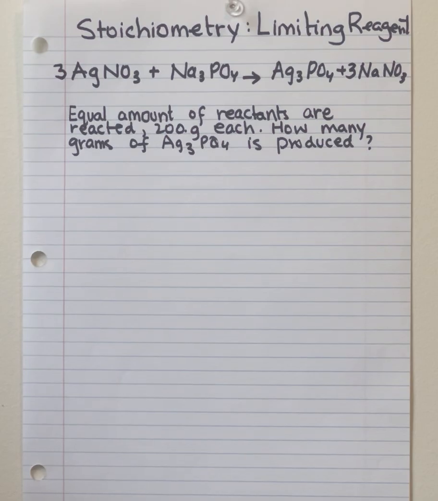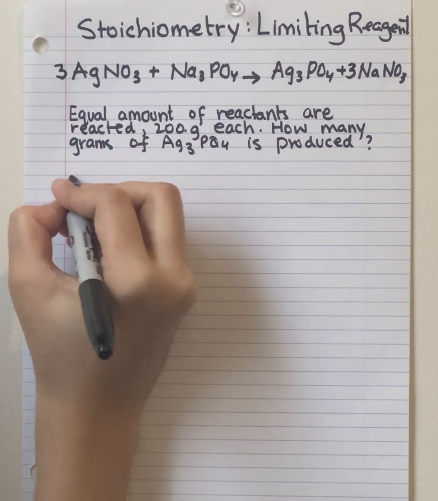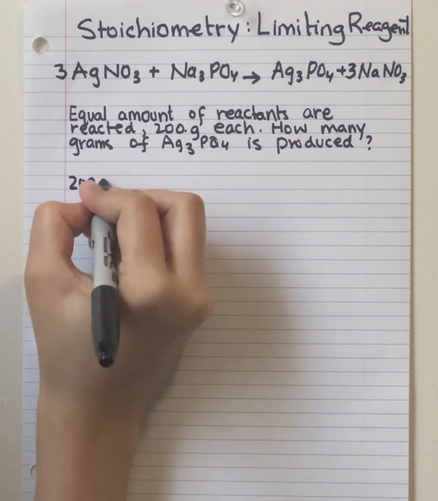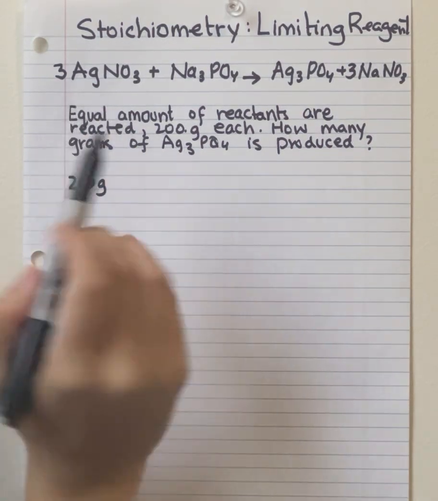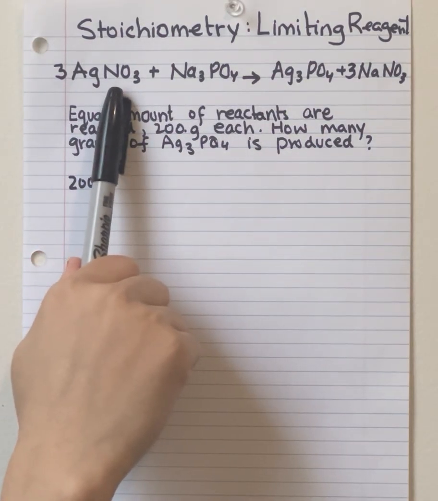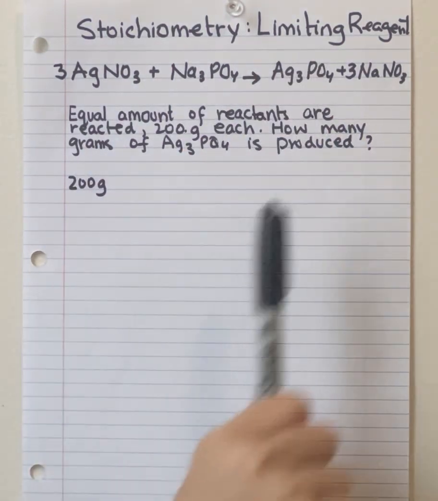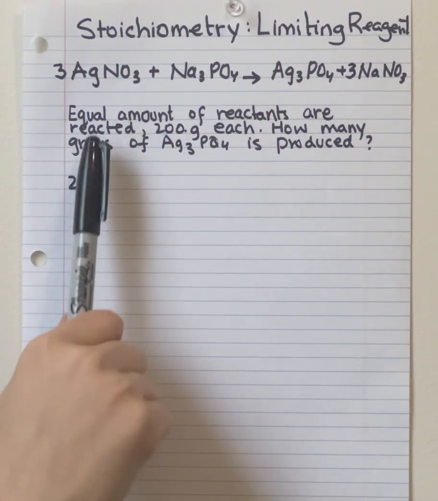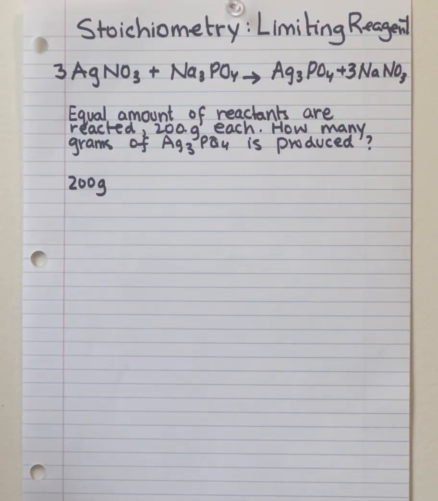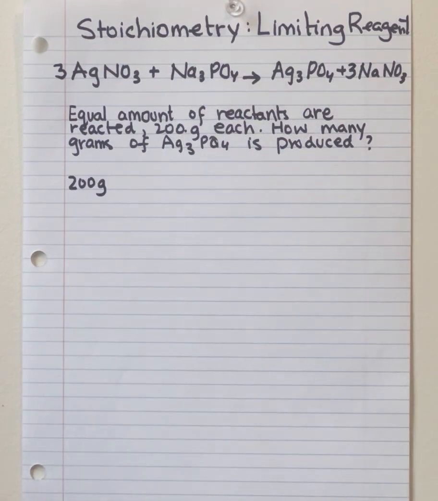So in this type of question, we will use our 200 grams of silver nitrate to calculate how much silver phosphate is produced, and we're going to do the same for sodium phosphate: how much silver phosphate is produced with our 200 grams of sodium phosphate.